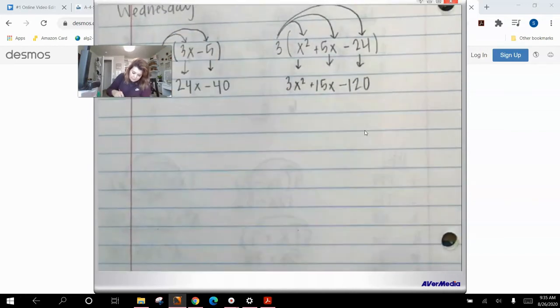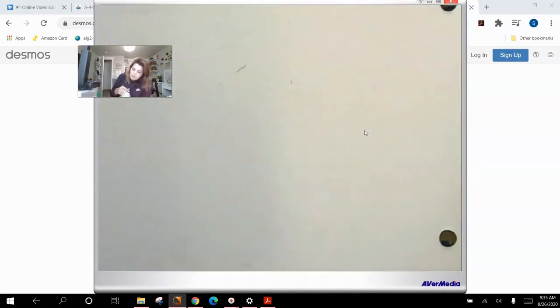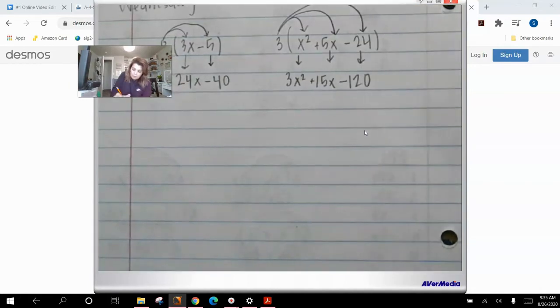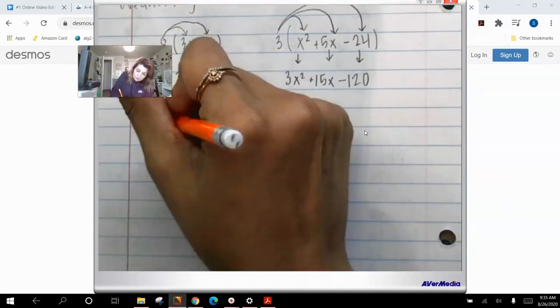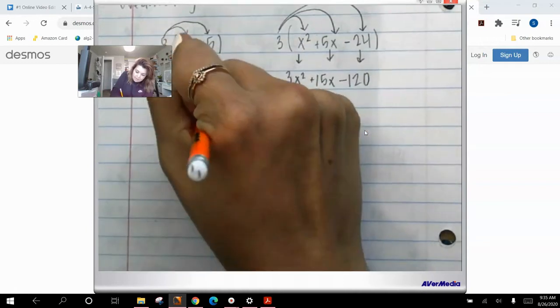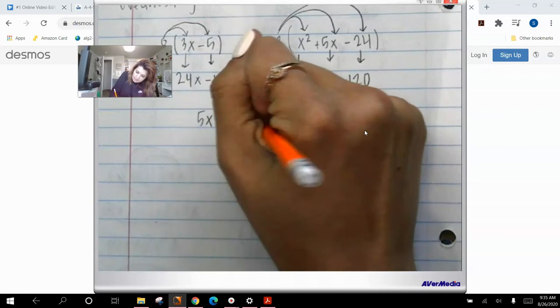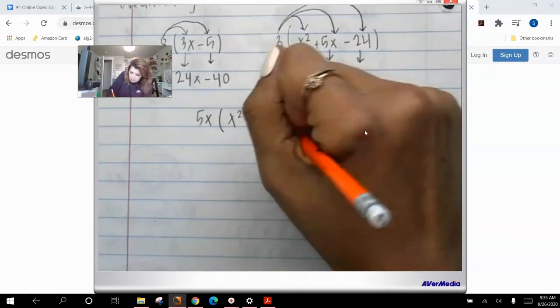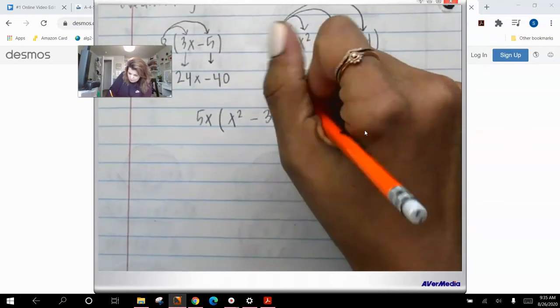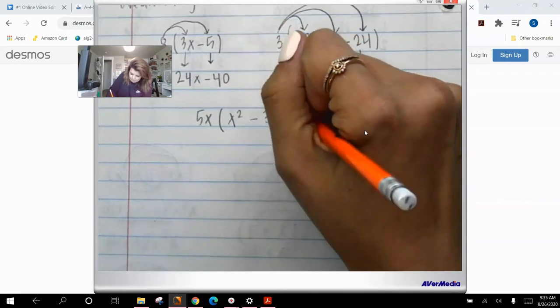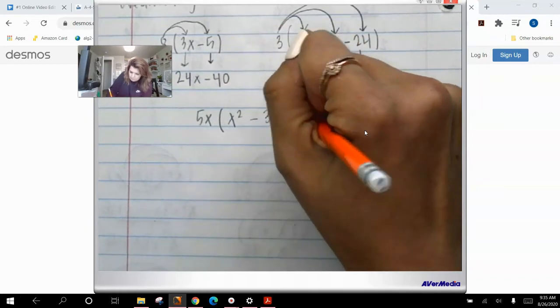One thing that we didn't talk about last time was what happens if we multiply in a variable. So let's say we have 5x times x squared minus 3x minus, what do I want? 10.